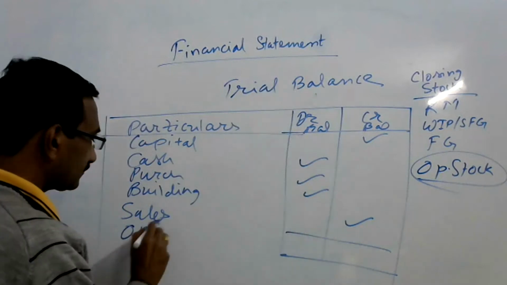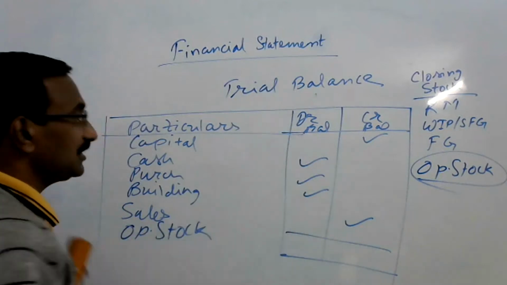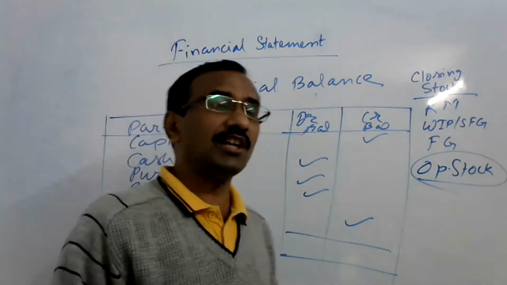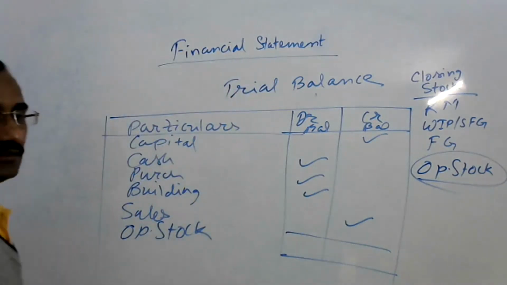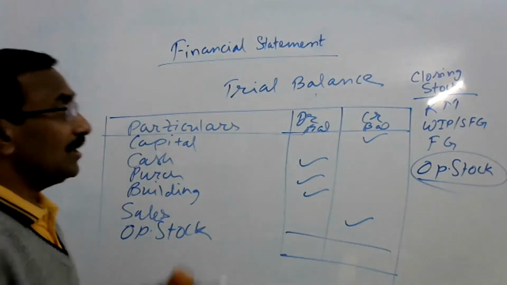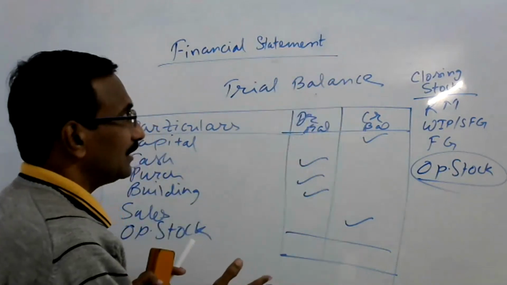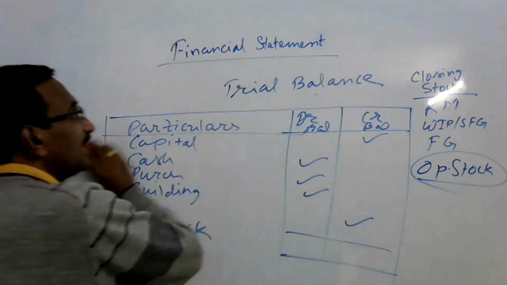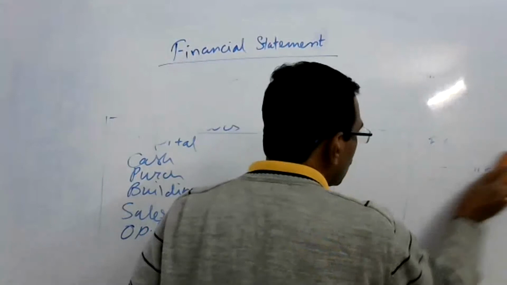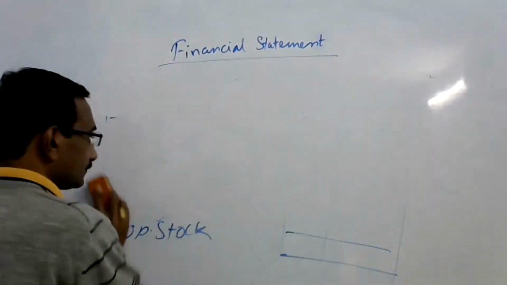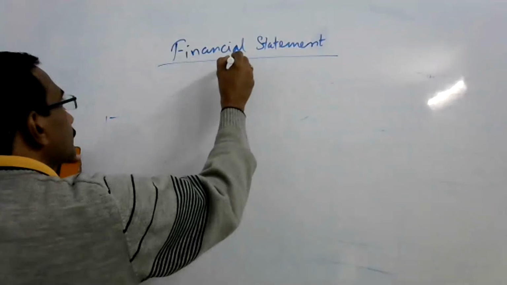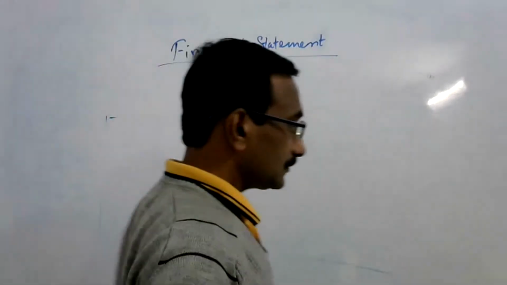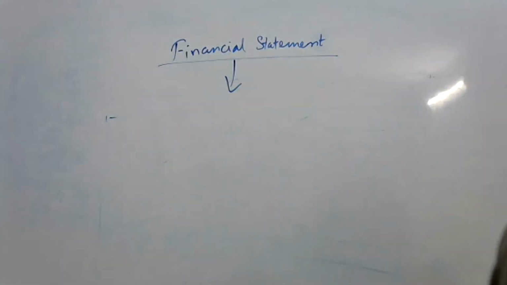Opening stock last year was an asset, and this year also it has a debit balance. Is that clear to you all? So once this has been done, then we will move to the next phase, called the financial statement. Now we will have to look at the financial statement.